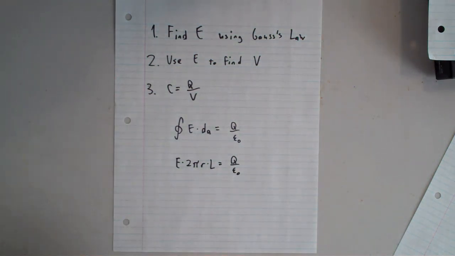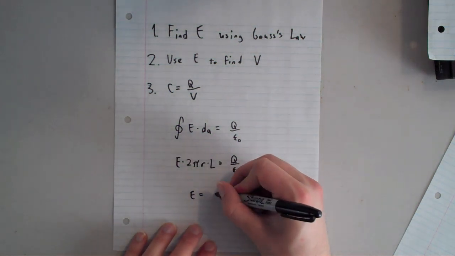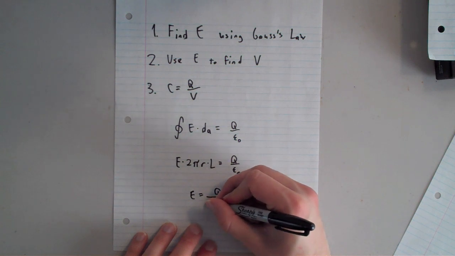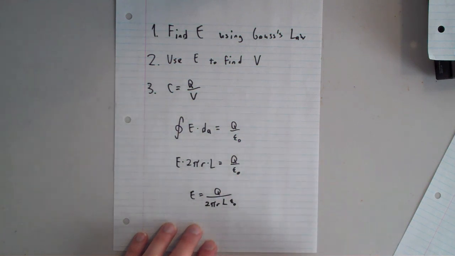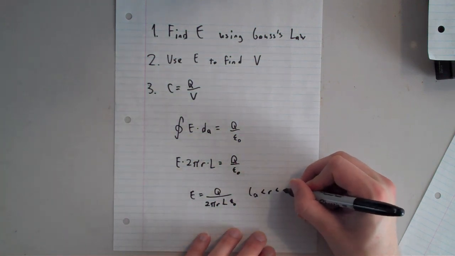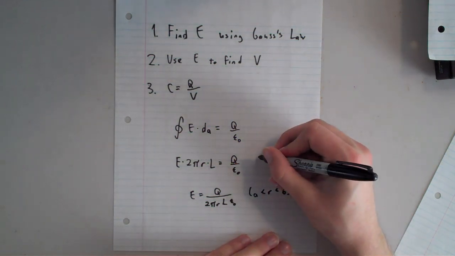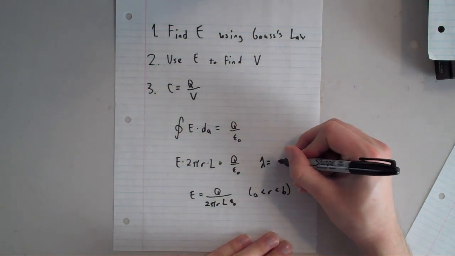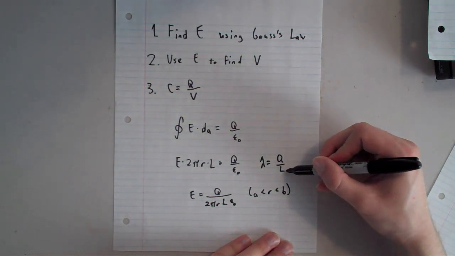So to get E, we just solve for E in this equation, and we get E between the 2 shells is equal to Q over 2 pi r L epsilon naught. So that's for radius between A and B. Now I'm going to rewrite this really quick using, in physics we say charge per unit length is equal to lambda, and lambda is equal to Q over L, which makes sense, charge per unit length.